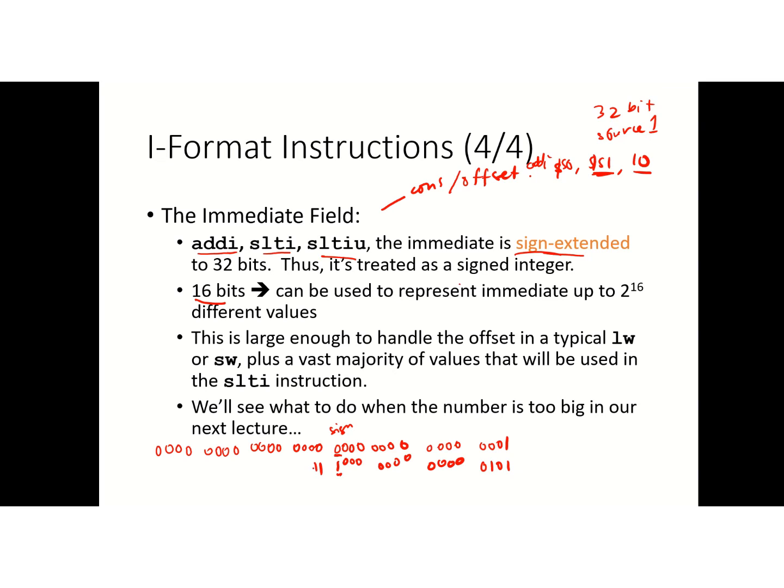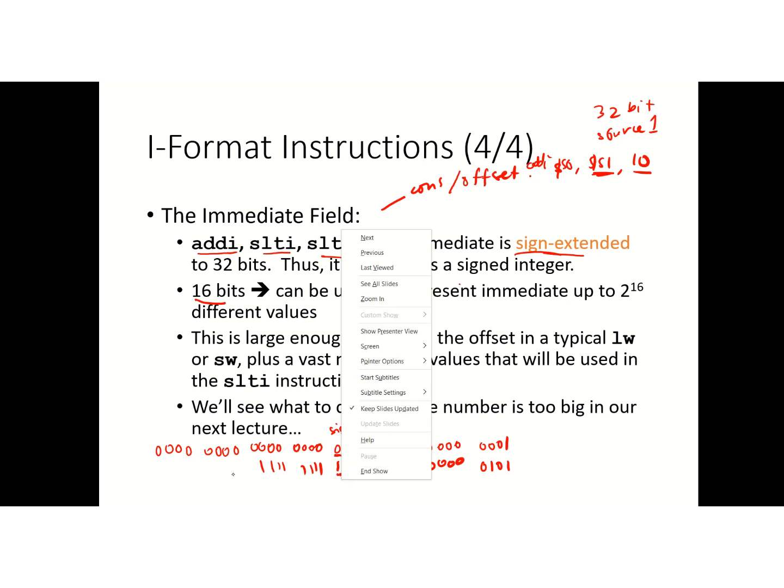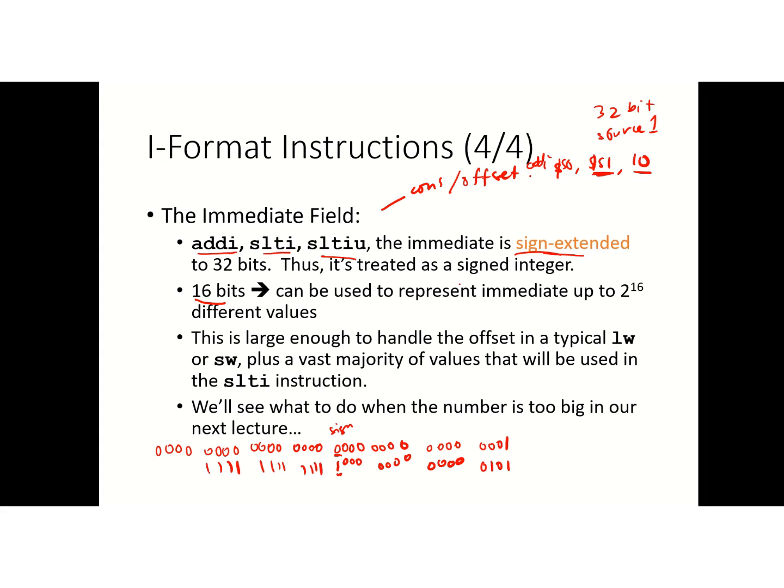So when they sign extend, they would extend it based on the sign bit, so 11111111 like that. 16 bits can be used to represent an immediate with up to 2 to the power of 16 different values. So this is large enough to handle the offset in a typical load word and store word, plus a vast majority of the values that will be used in the set less than immediate instruction.